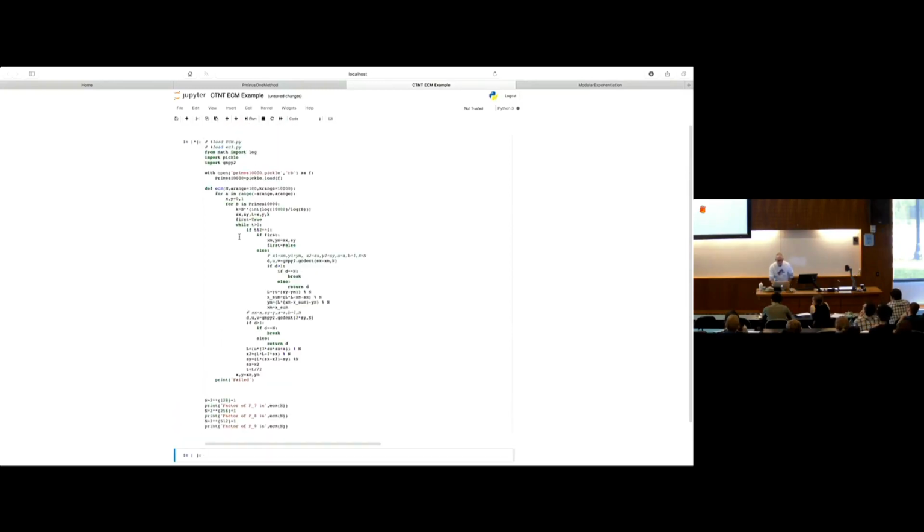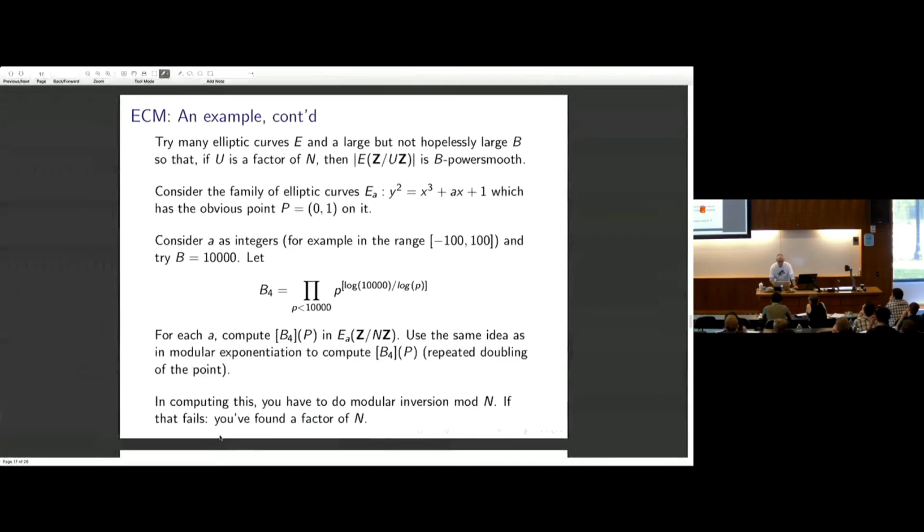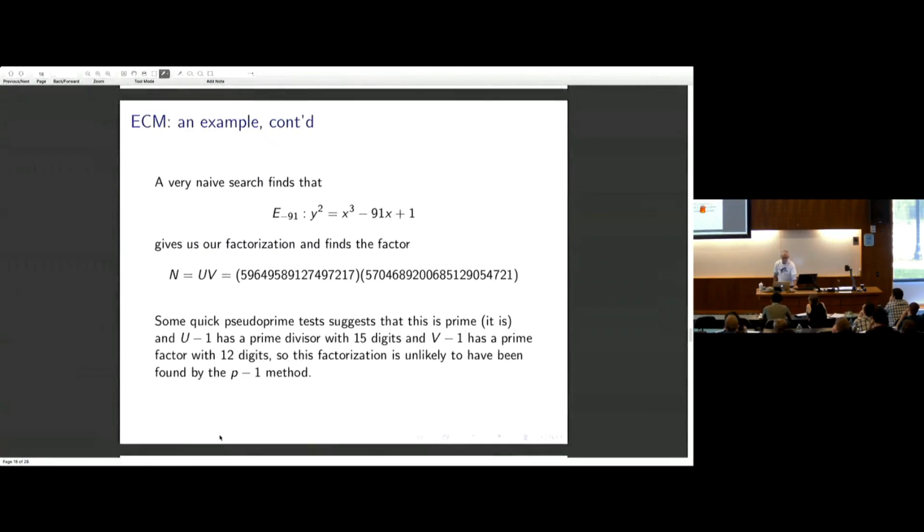This is the problem with computers. Let's try one more time, because I wanted that factor, although I think I have it on this slide. Oh yeah, so there we go, and it finds this factor.